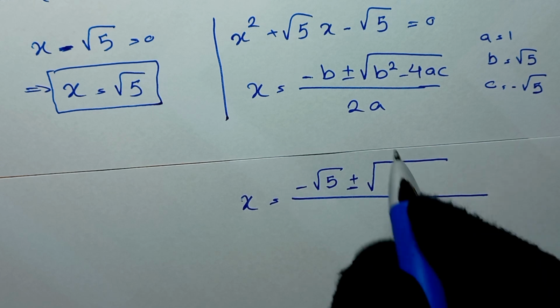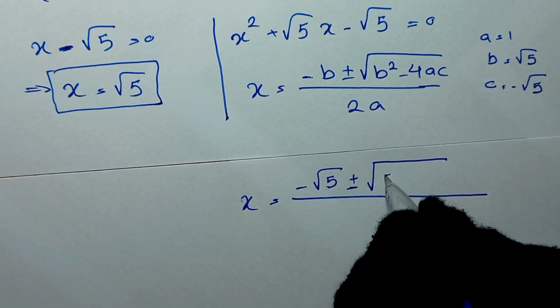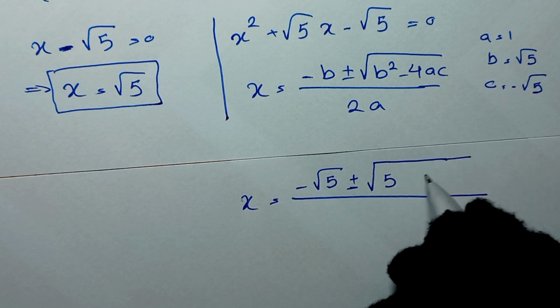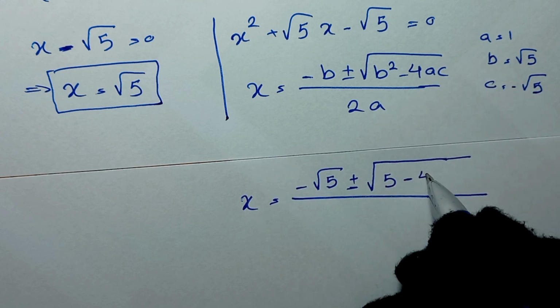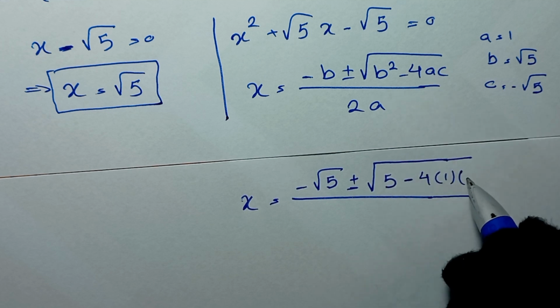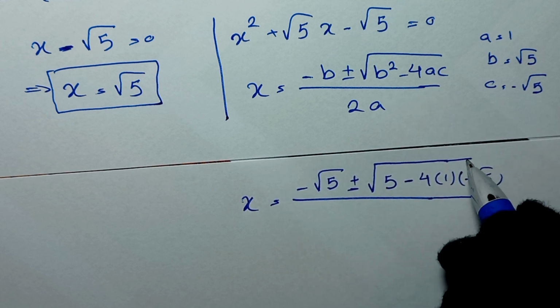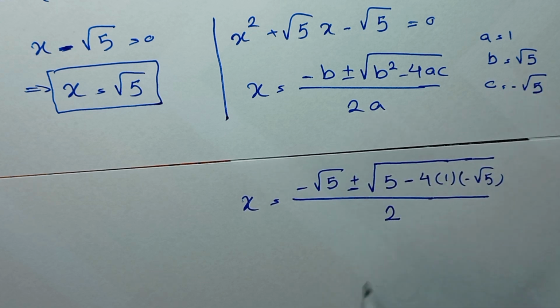b squared, square root of 5 squared, it will be 5 minus 4 times 1 times c. c is negative square root of 5 over 2a. 2 times 1 is 2.